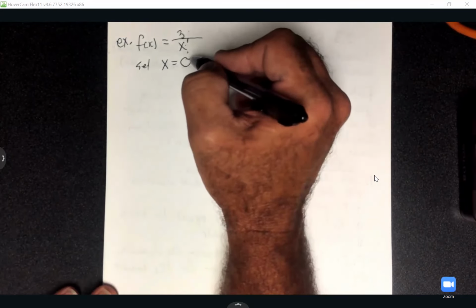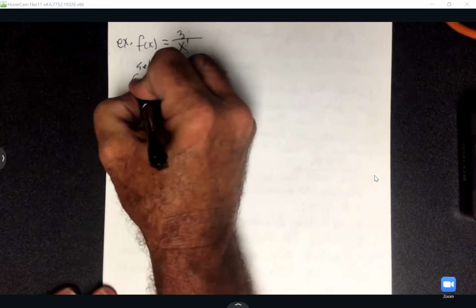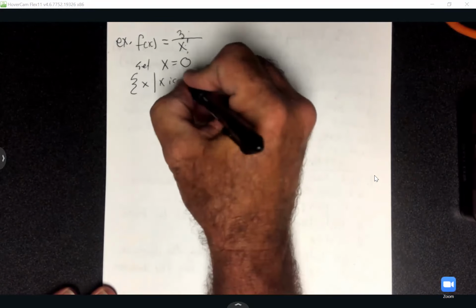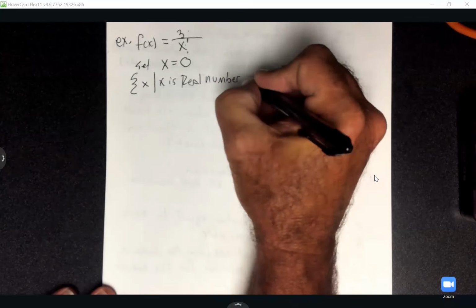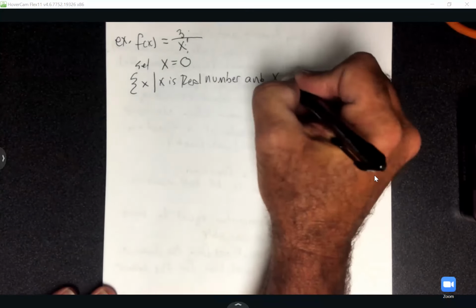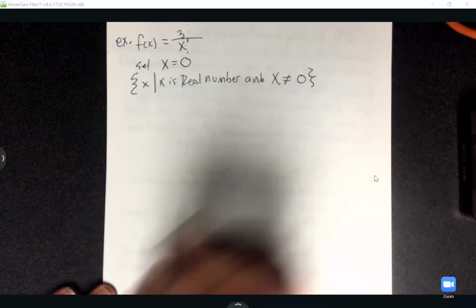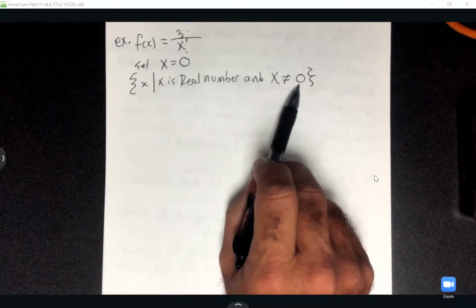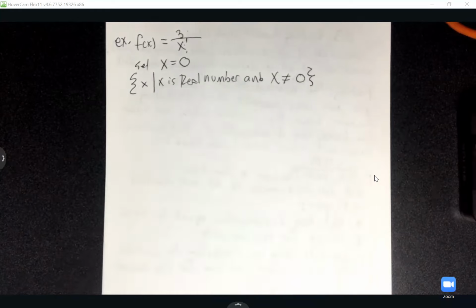So for my domain, the only number I'm kicking out, so I would have x such that x is a real number and x cannot equal 0. Okay, so they'll have probably most of this, and you just gotta pick the one that's got the not equals, put your 0, okay?